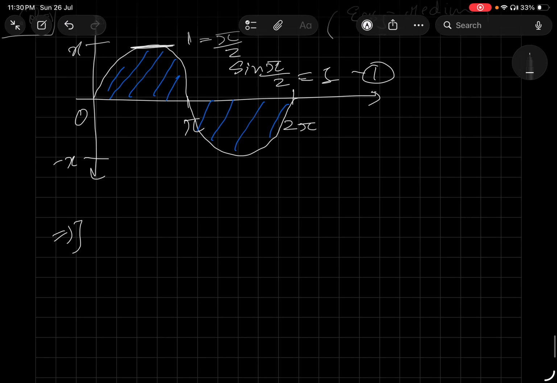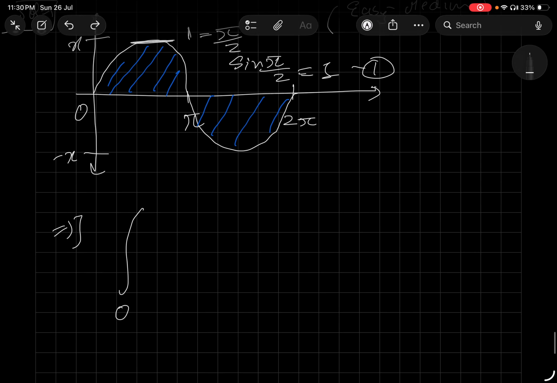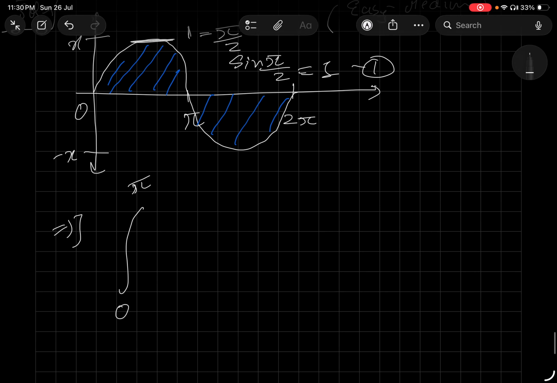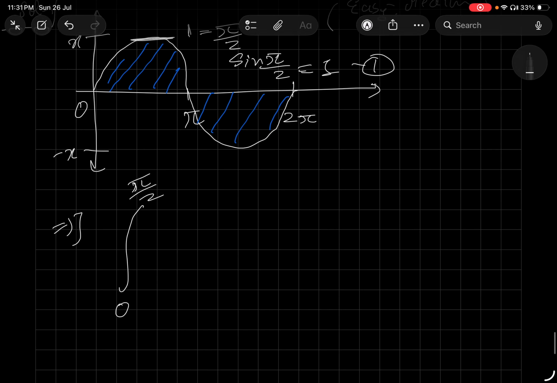So we have to integrate from 0 to pi by 2 of sin x minus x dx.